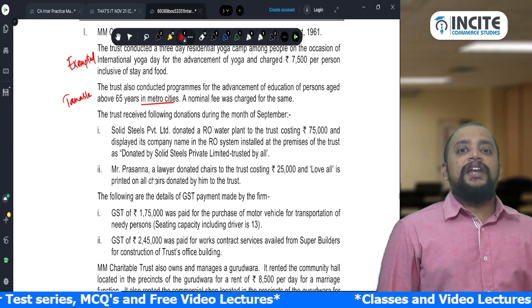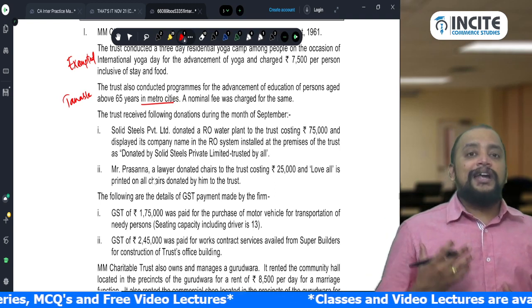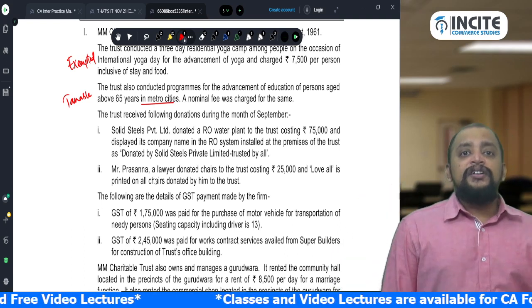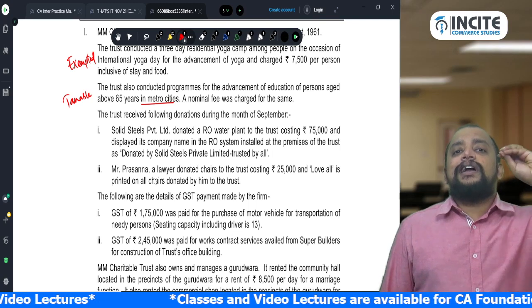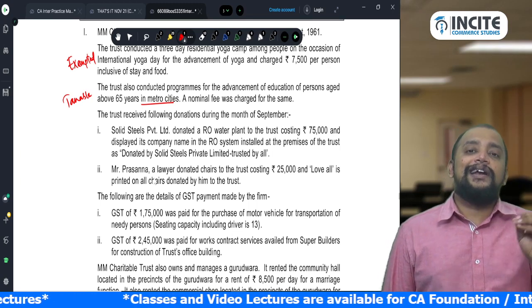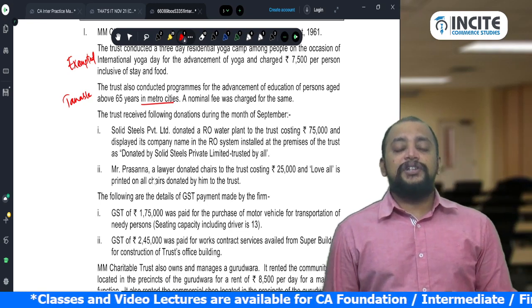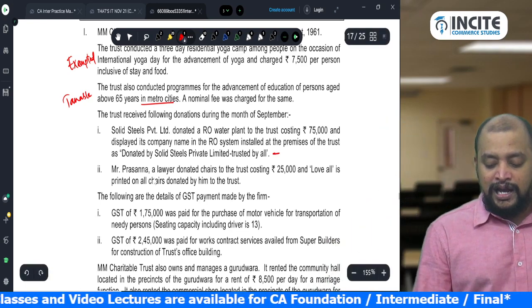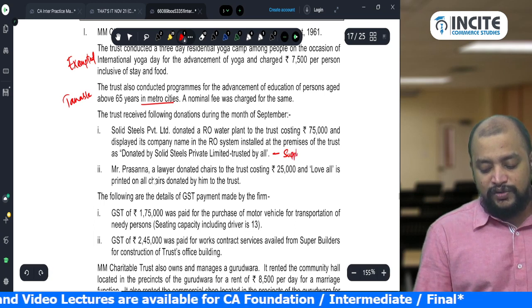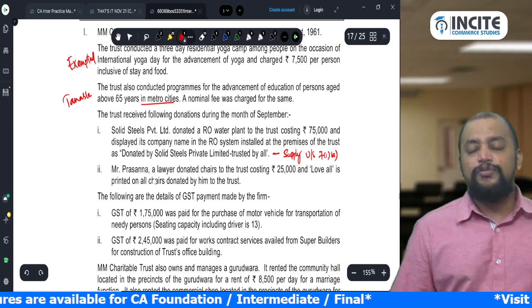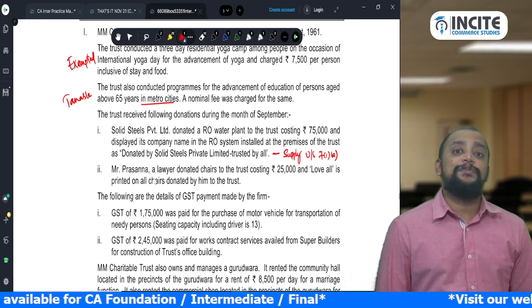Here, whenever you display a name and that name results in a business advantage to the other person, that donation is not an unconditional donation, it is a conditional donation. In case of a conditional donation, it will become a supply under section 7(1)(a), because it is deemed to be a conditional donation as per the CBIC circular.